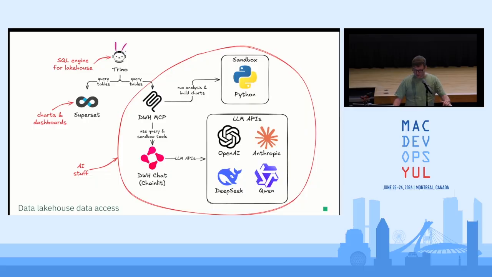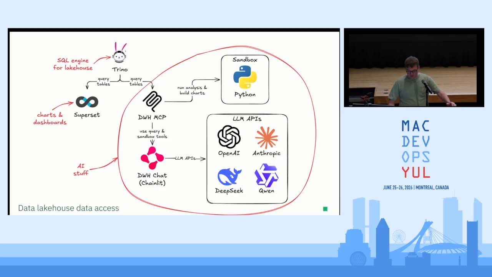Now that we've got all the data in Iceberg tables and we have Trino to query it, things can start to get interesting. So in the demo I'm going to show today, we have a couple ways to query a data warehouse. We've got Superset, which is a web-based data exploration and dashboarding tool that was originally built at Airbnb, and now it's an Apache project.